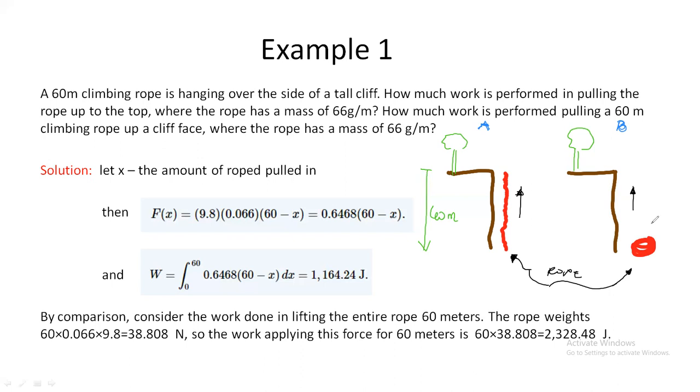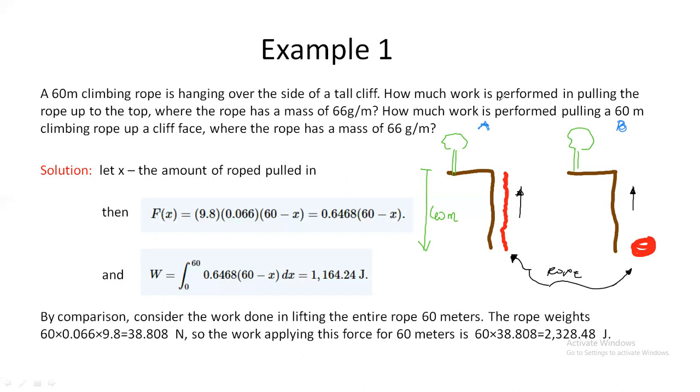So what happens is this entire weight of this rolled rope, 60-meter rope, is the same all throughout as it goes up. It's fixed. The amount of force that you're going to sustain to have this reach the top of the face of the cliff is the same because it's not stretched.